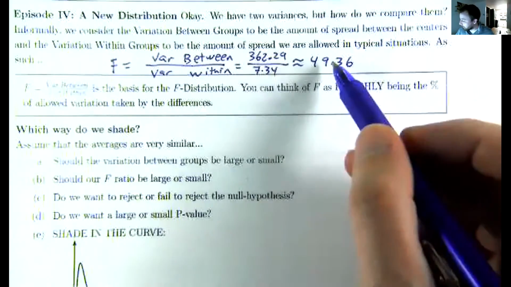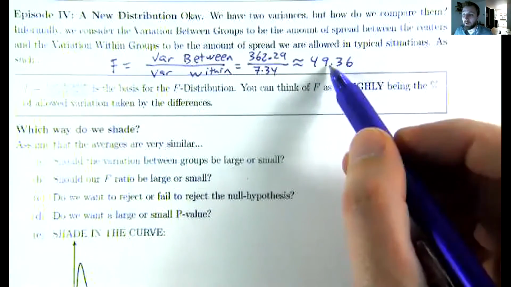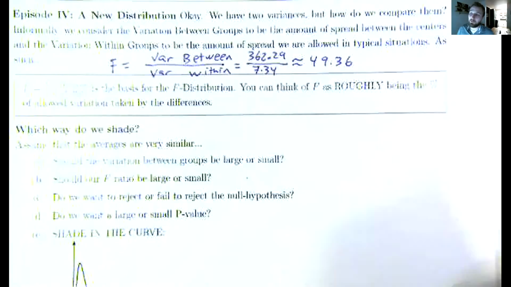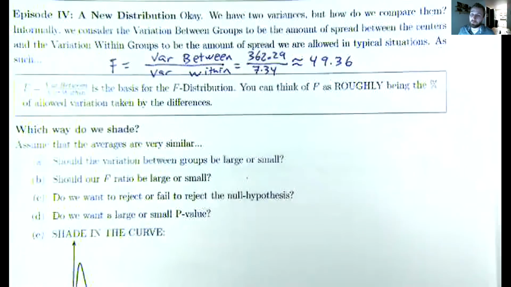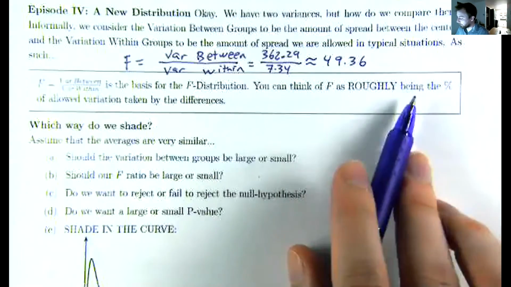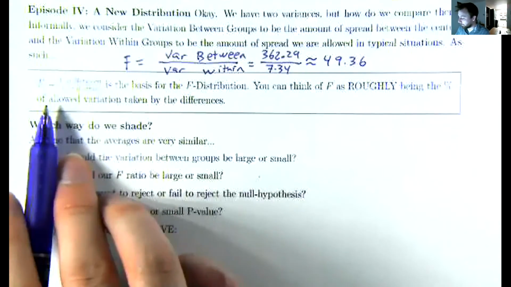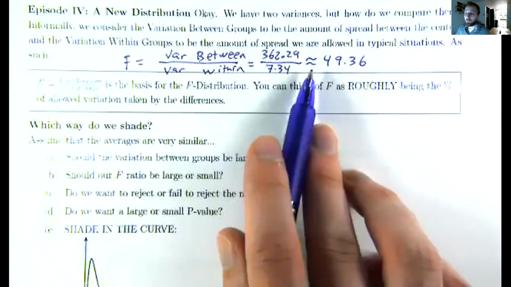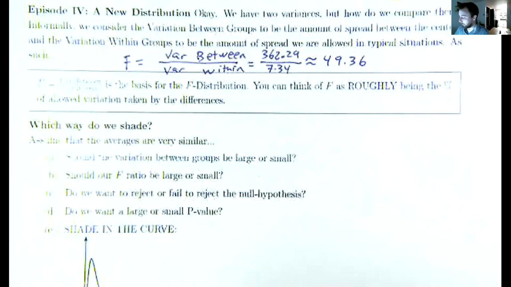If you're thinking, well, you're only 49% off your budget, careful with your decimals. So if I actually think about what this means, well, 1 is 100, so I'm really 4,936% off of my budget. I am off by a considerable amount. So you can think of F as roughly being the amount or percentage of allowed variation taken by the difference. I've taken a ridiculous percentage of that variation.